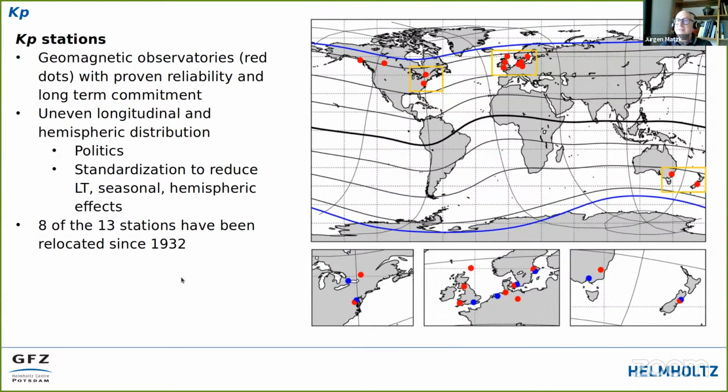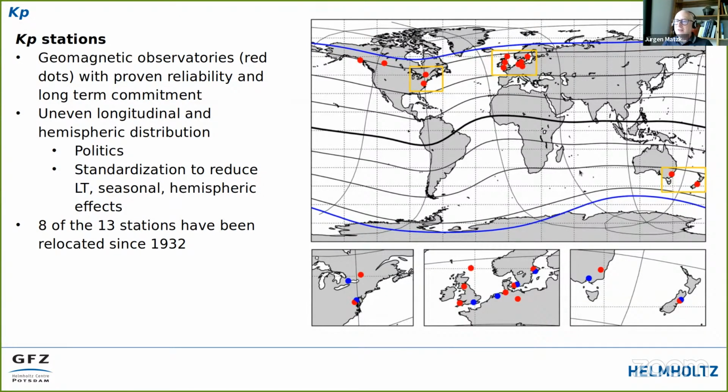Now, talking about the Kp stations, these are 13 geomagnetic observatories, which have to be very reliable and come with a long-term commitment. But as you see on the red dots here on the global map, it's actually a pretty uneven longitudinal and hemispheric distribution. And the reason for this is also in politics. This is from the time of the Cold War. So it was heavily emphasized on stations in the West and in Australia and New Zealand.